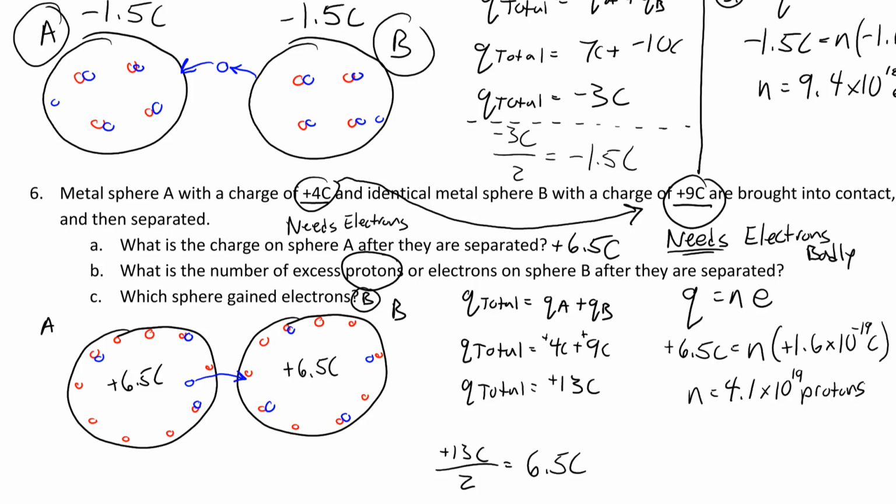So that's another way to think about it. But I wanted to draw the picture so that it kind of helps, I think, visualize, especially when you have 2 positive charges. It's kind of hard to visualize where the electrons are going. Just think of the positive 9 being more positive. It needs more electrons than the positive 4 did, so it'll go there.